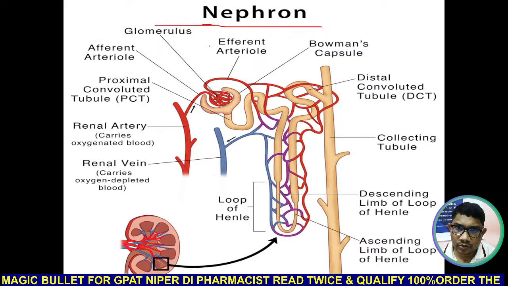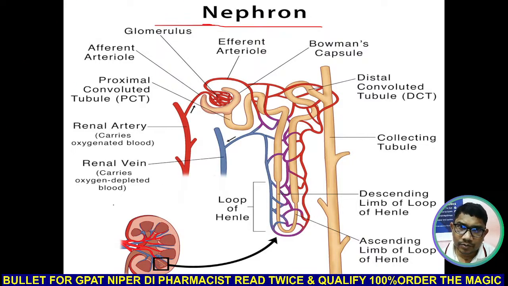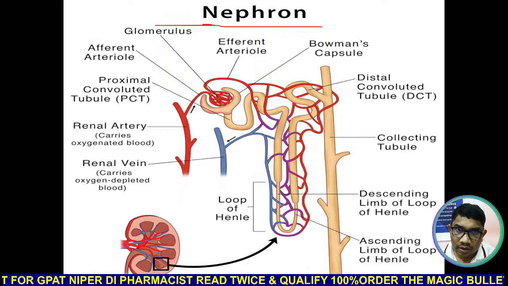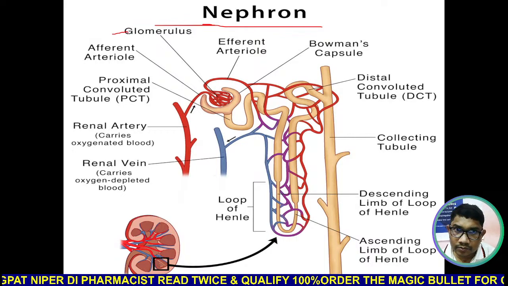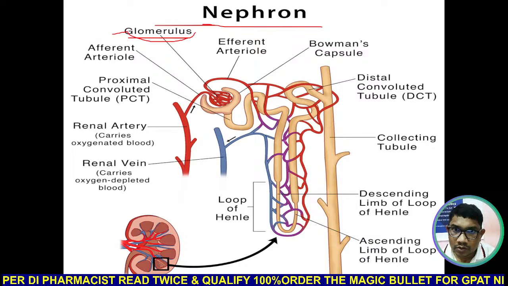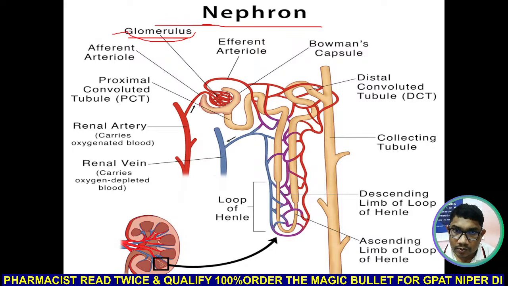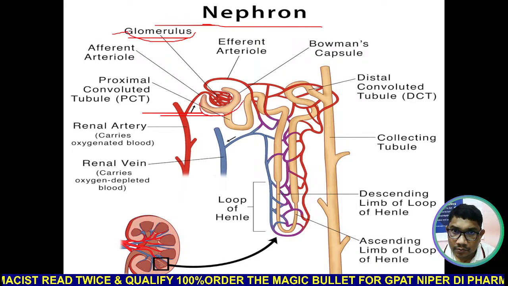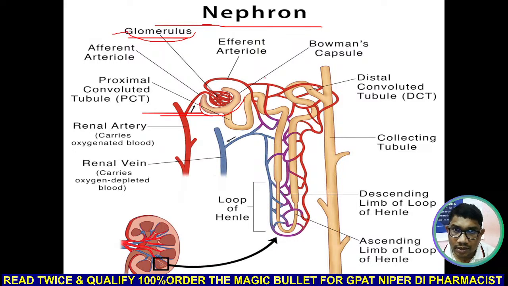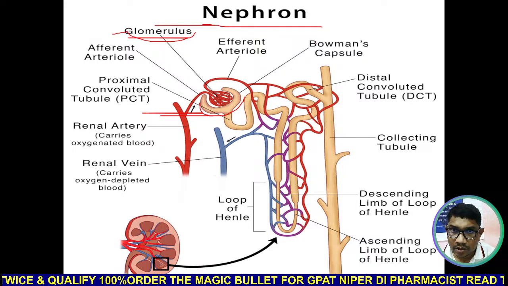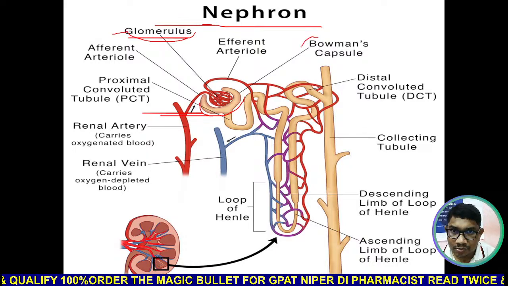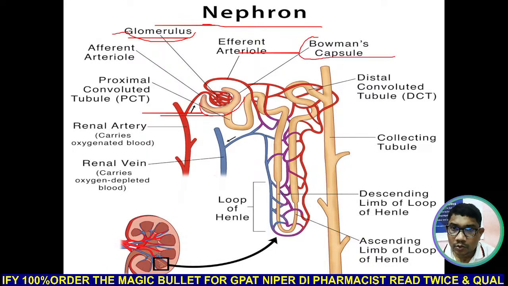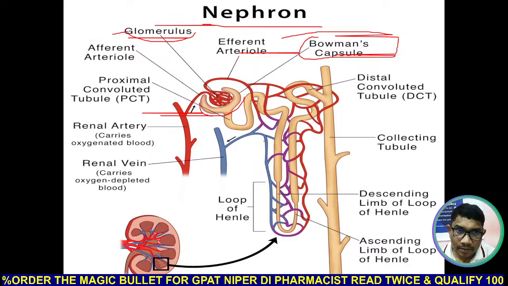So nephron is nothing like a tubular structure. It is a structural and functional unit of kidney. Parts of nephron क्या है? So this part is known as a glomerulus. Together glomerulus and blood vessel are known as a Bowman's capsule. They are the capsule-like part.